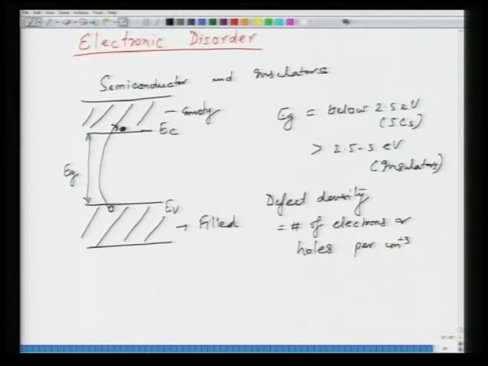And another thing that is of interest in these materials is something called Fermi energy, and this Fermi energy for intrinsic semiconductors sits at the middle of the band gap, and once the semiconductor or insulator starts becoming extrinsic, which means you start putting in defects, then this Fermi level moves up or down. So, if you make it n type, the Fermi level will move up, and for p type it will move closer to the valence band.